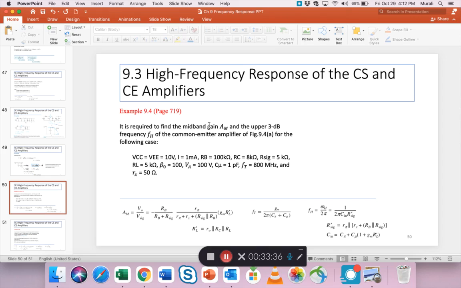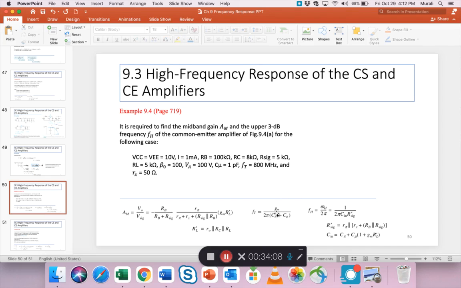It's required to find the midband gain and the upper 3 dB frequency FH of the common emitter amplifier for the following case. A whole bunch of data is given. I is given as 1 milliamp, RB, RC, R sigma, RL. The formulas are always a little more complicated for BJTs because there are extra parameters to worry about, R pi, Rx and all that stuff. But here's the formula.